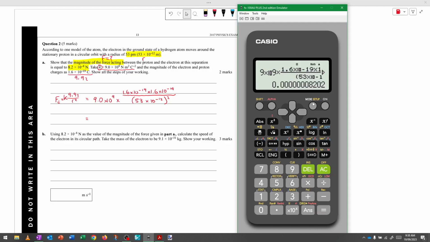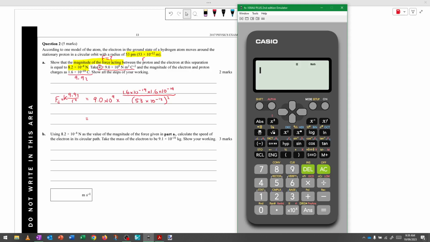All right, now it's giving me a bunch of zeros here. And one way we can fix this is I can go Shift Setup, and I can go to 6. Nope, wrong one. Go back. Sorry, bear with me. Mode setup 8, 2, I believe it is.